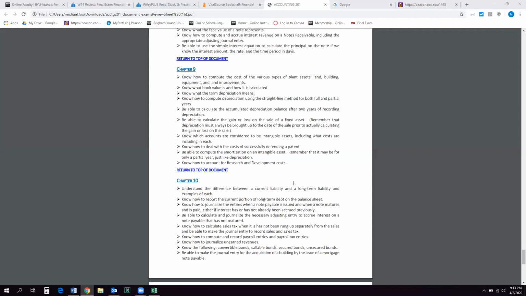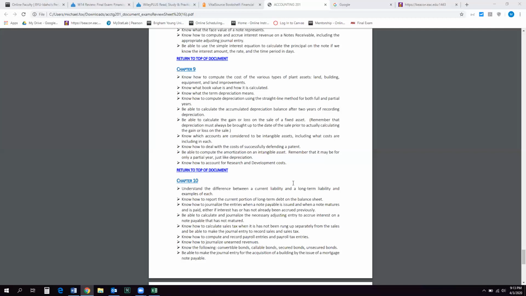Let's see, be able to calculate the gain and loss on the sale of a fixed asset. Remember that depreciation must always be brought up to the date of the sale prior to actually calculating the gain or loss on the sale. So that's an important point. When I sell an asset, I'll have accumulated depreciation up until December 31st of the previous year. So before I record that sale, I'll have to record the depreciation on the asset from January 1st until the date of the sale.